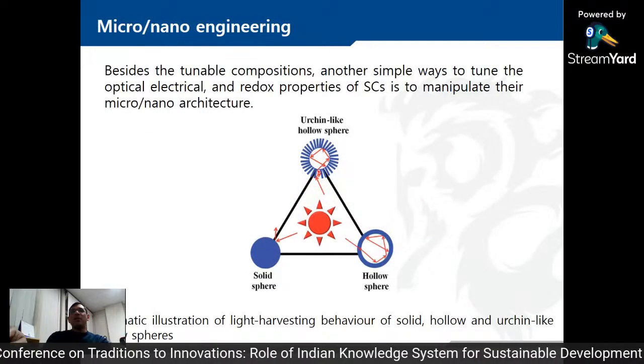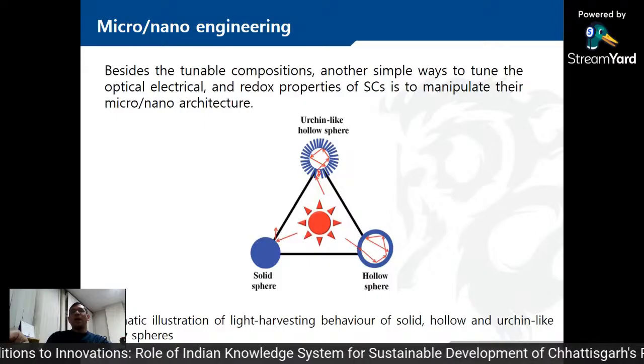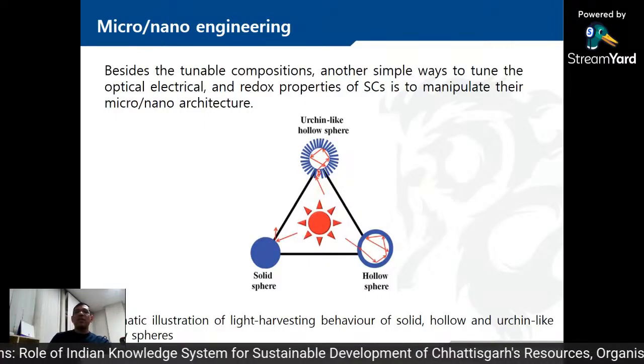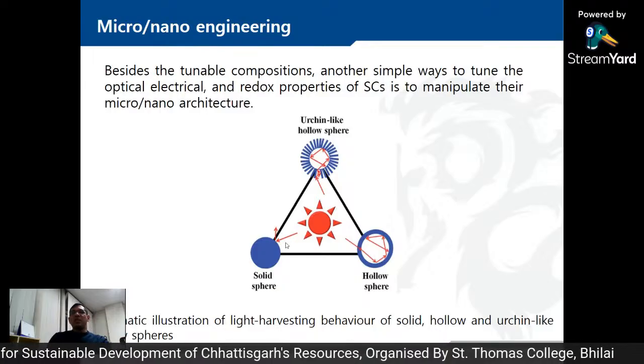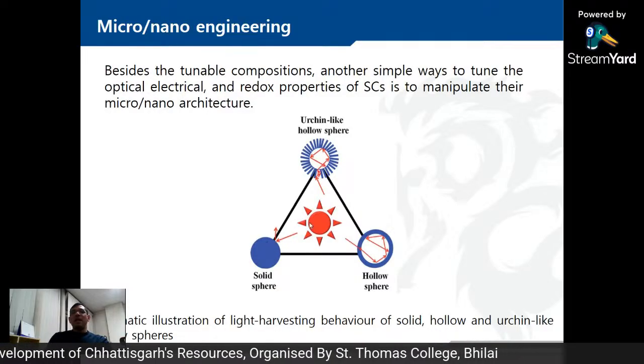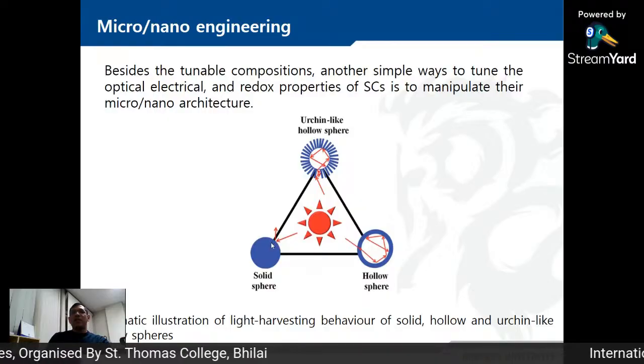And apart from that, micro and nano engineering. In a sense, if you prepare just a solid sphere catalyst, once the light illuminates it, it gets reflected very easily.